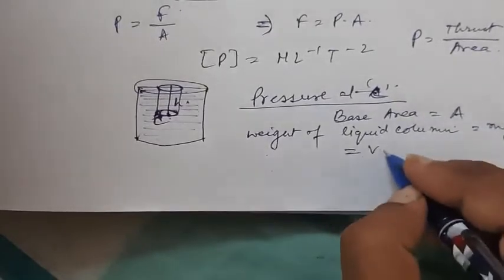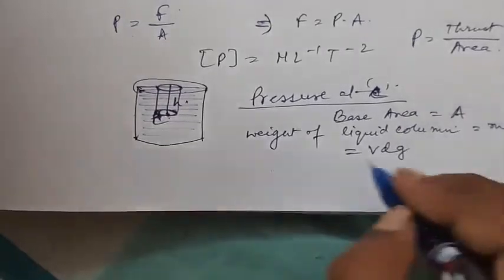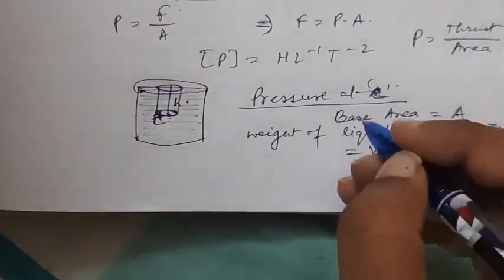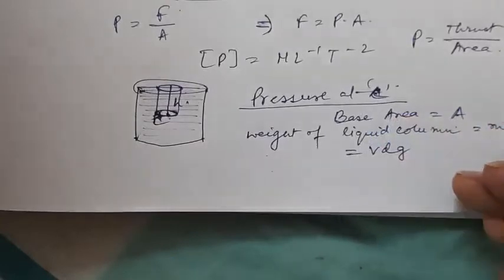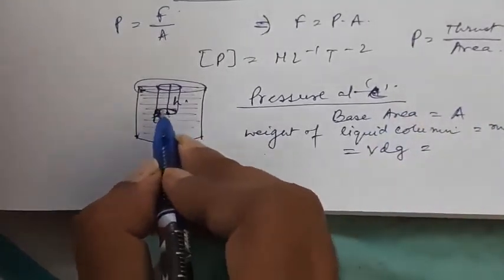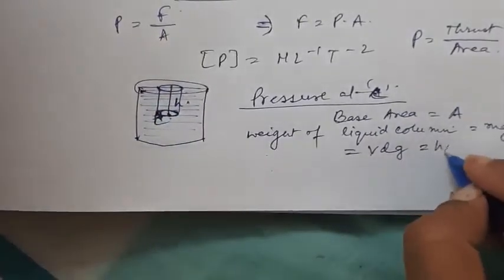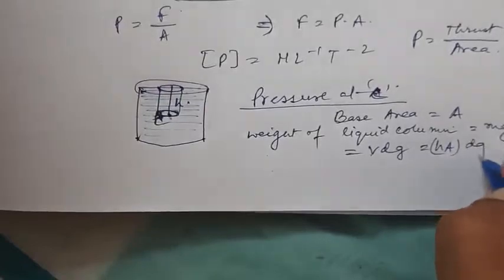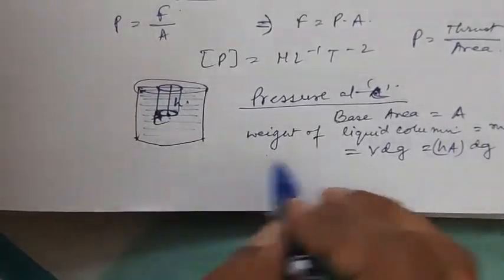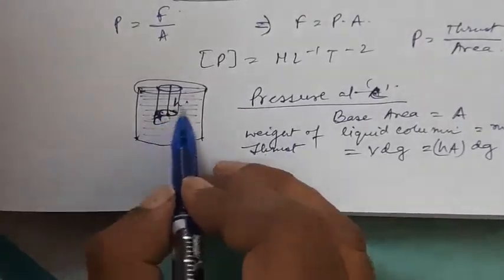Now what is m? V into d, or rho, into g. So volume into density of the liquid column into g. Now what is volume? The area of cross section is A here and the height is h, so h into A into d into g. So this is the thrust applied on the base area A.